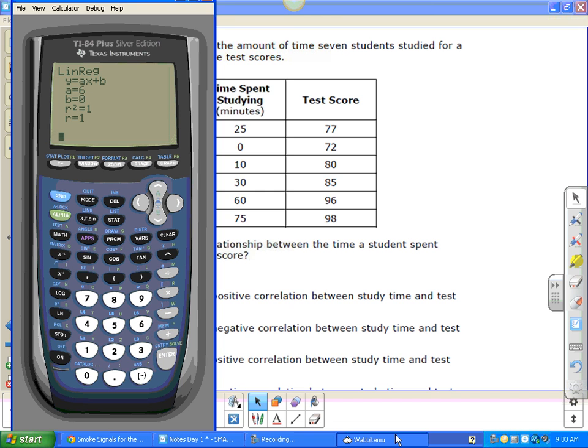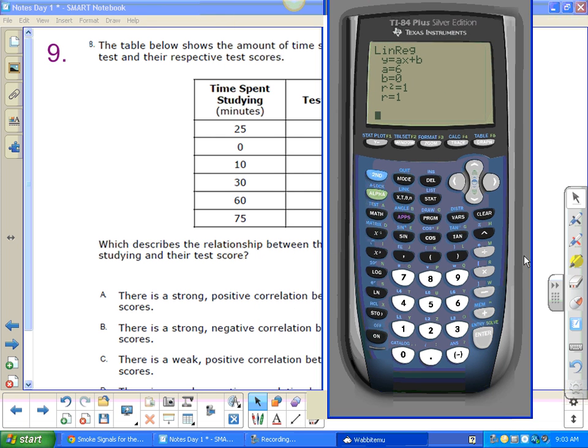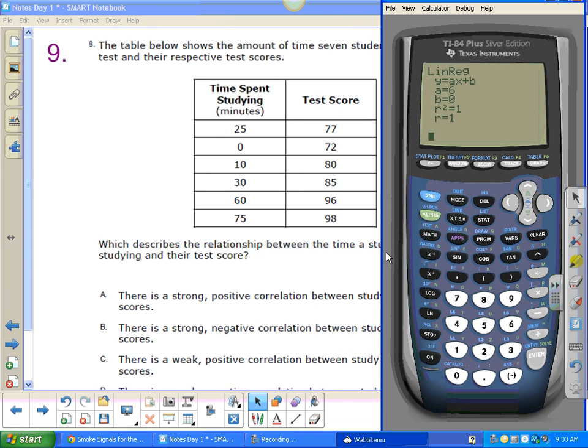I want to know what describes the strength of their relationship. So again, I'm going to go to Stat. I'm going to clear both of these out. And type both of these in.